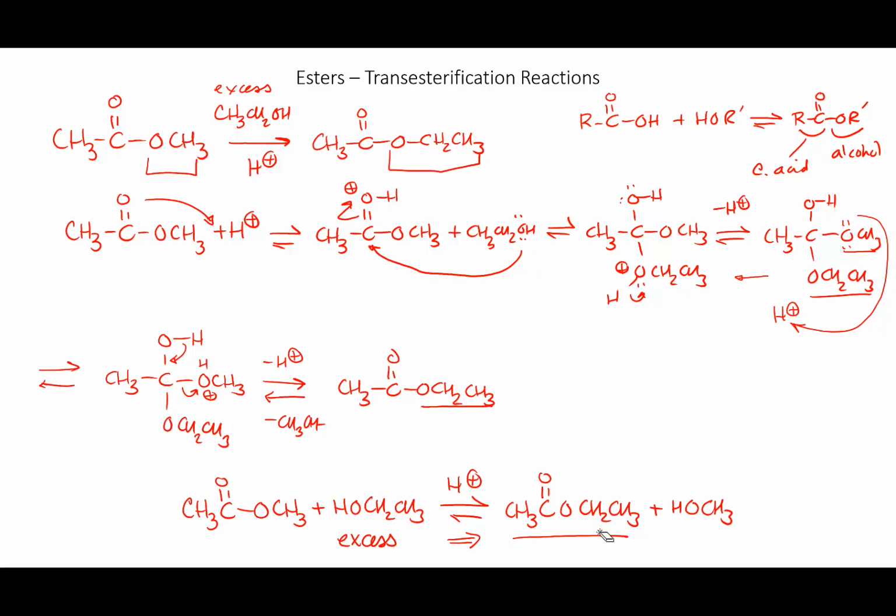Now, in the mechanism, what that means is that even if the H+ comes in here and protonates the ethoxy group, eventually the methoxy group is going to leave just by random chance, and when it does, it's going to be replaced with the ethoxy simply because there's more ethoxy there.